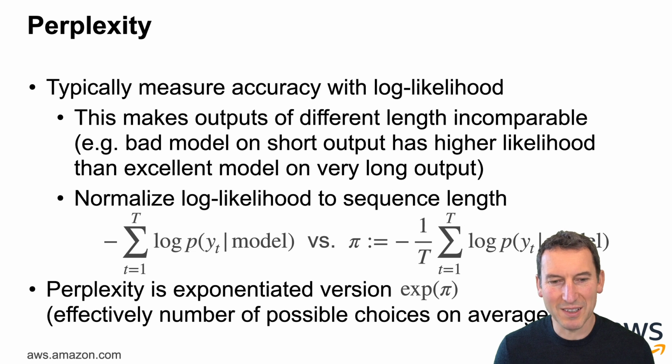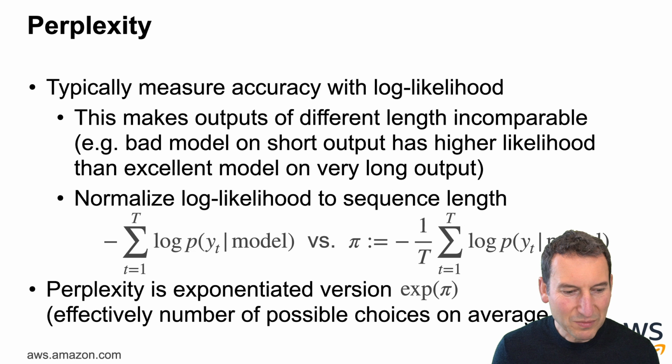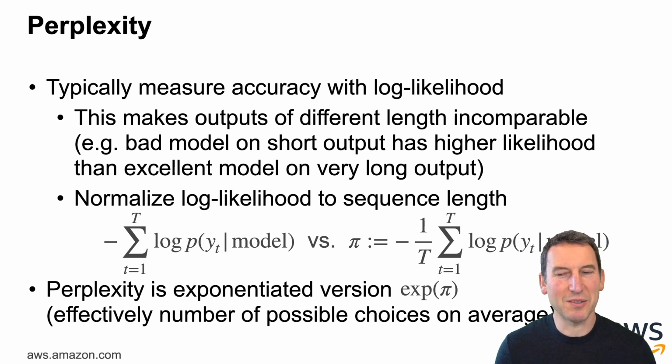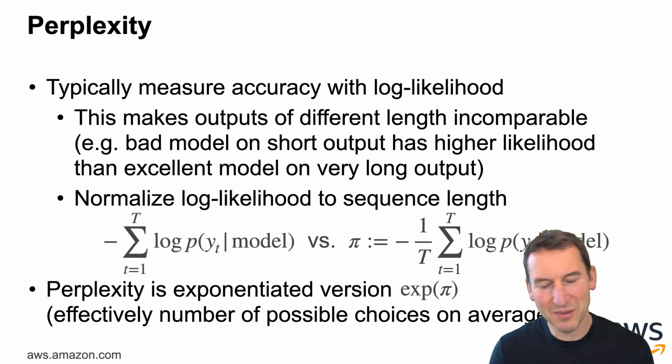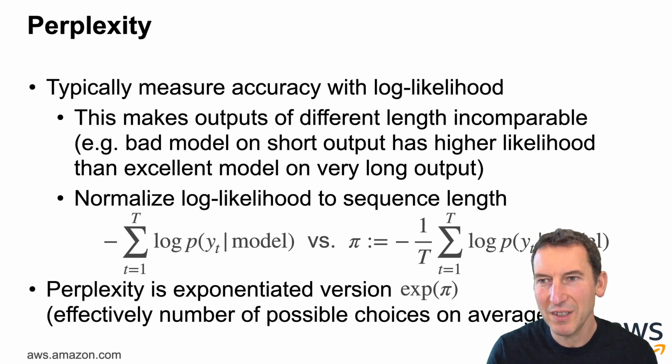That's not necessarily saying that I have that surprise at every single character, but on average across the length. Perplexity is the exponentiated version, so that's basically the possible number of choices on average. So if I have a perplexity of 4, that means there are 2 bits that I can, on average, spend. Anyway, this is a convenient way of making sequences of different length comparable to each other.